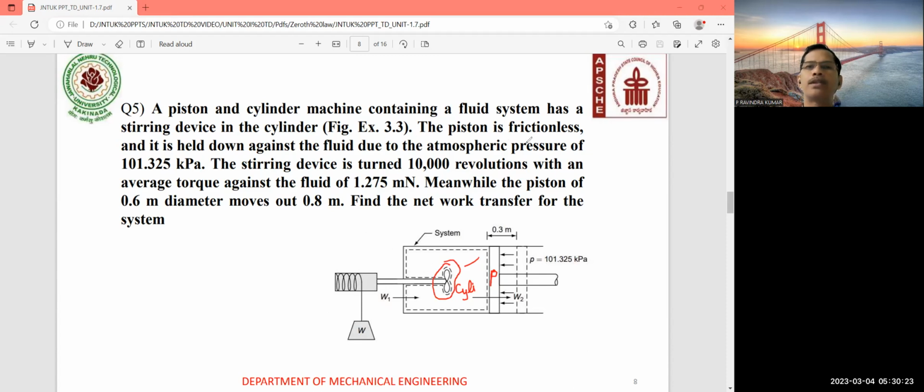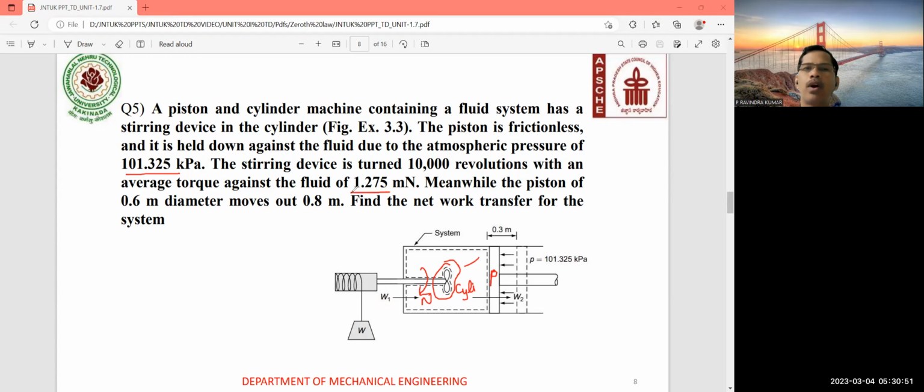In the cylinder, the piston is frictionless, so no friction is there, and it is held down against the fluid due to the atmospheric pressure of 101.32 kilopascal. The stirring device is turned 10,000 revolutions, so here N is given. It is going to revolve 10,000 revolutions with an average torque against the fluid, so the torque is given.